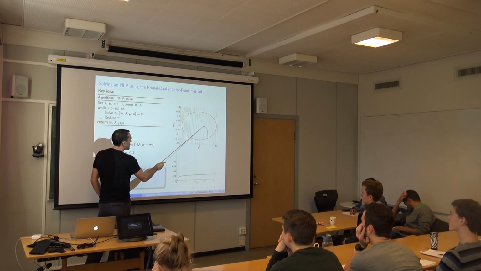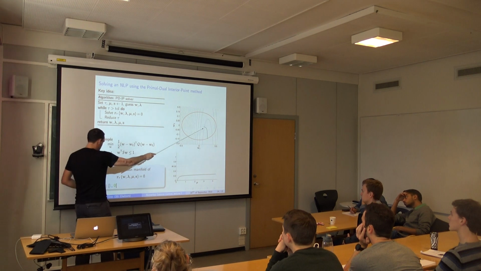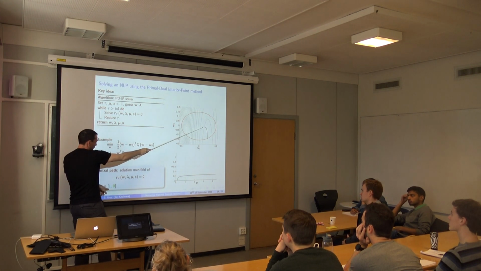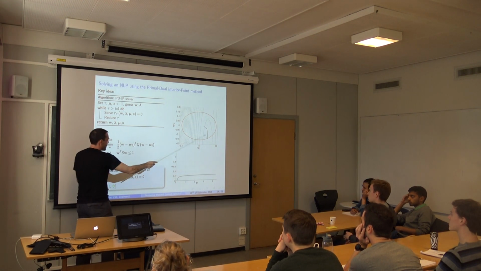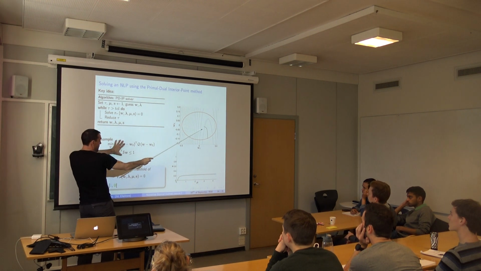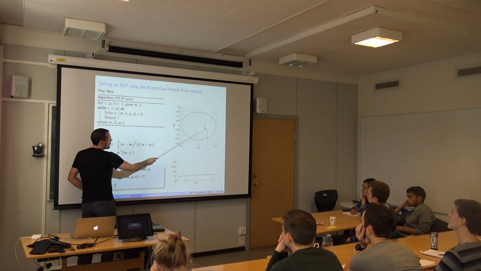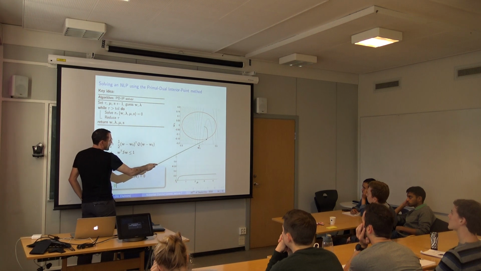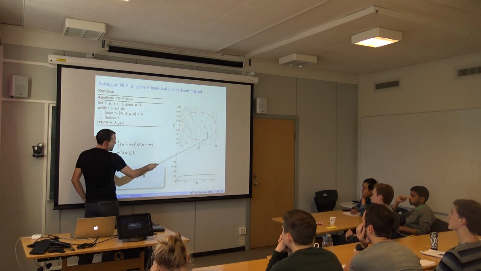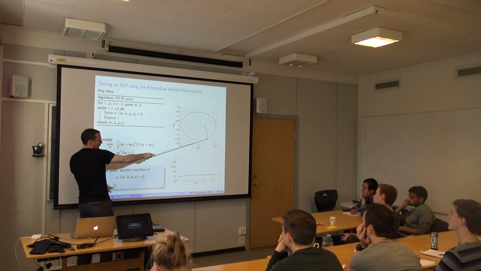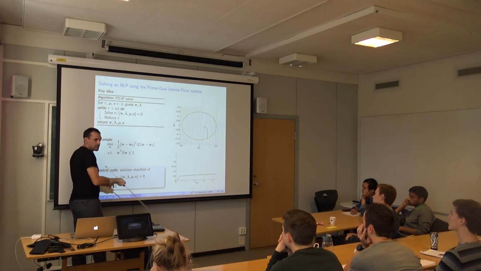You display all these solutions you get from starting at tau is 1, up here and up here, and I solve for different values of tau this problem, the KKT conditions, and I get a path that of course goes possibly to the constraints for tau very small. You see that?